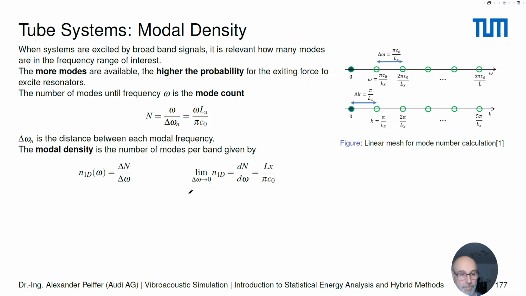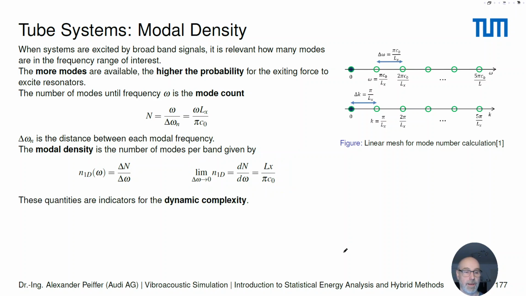So this is the very important formula for the modal density of a one-dimensional system. It could be other systems like bars and whatever. The general formula would look the same, more or less.